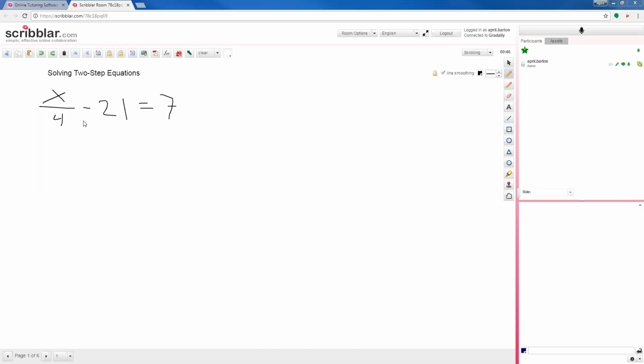Feel free, if you have questions, to send me a chat message at any time so that I can answer as we go. So two-step equations, we have a variable. It can be on the left or it can be on the right. Writing this as 7 equals x divided by 4 minus 21, they could put it in this order and you would still solve it the same way.